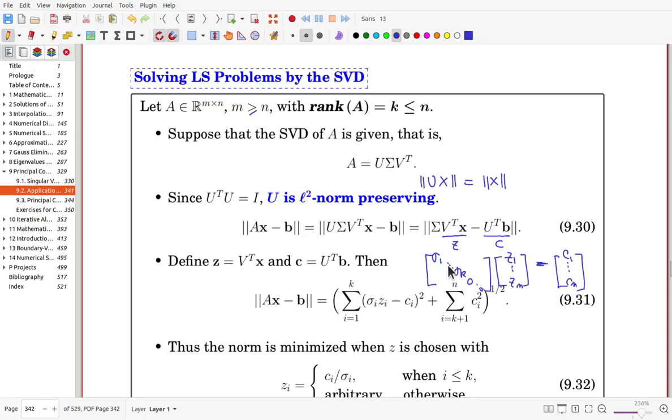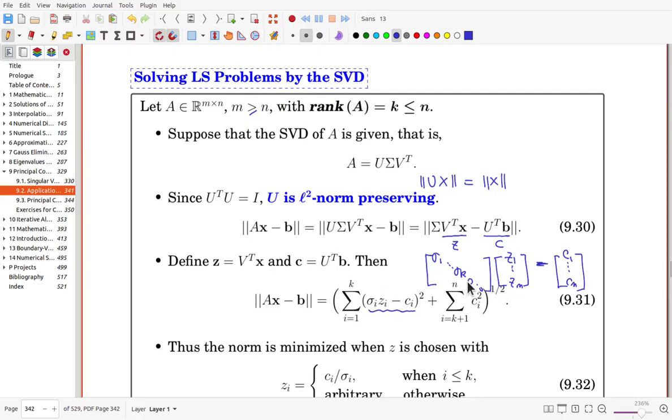Then if we multiply in this matrix and vector, it's sigma 1 Z1 minus C1, sigma 2 Z2 minus C2, up to sigma K Zk minus Ck, that is exactly this one, in the 2-norm, square sum, and half power.